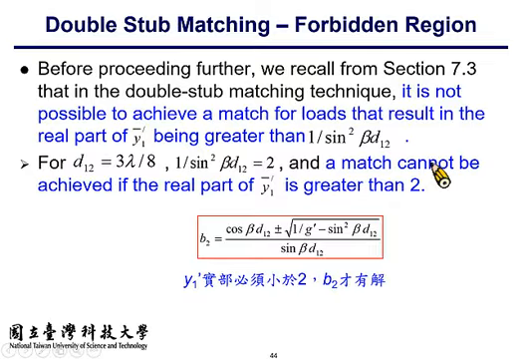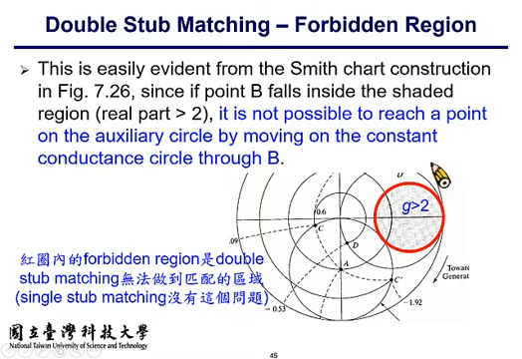Therefore, the inverse of the square of sin beta D12 is 2, which means that the real part of Y1 prime must be greater than 2. Why? Because this number 2 corresponds to the G prime value.